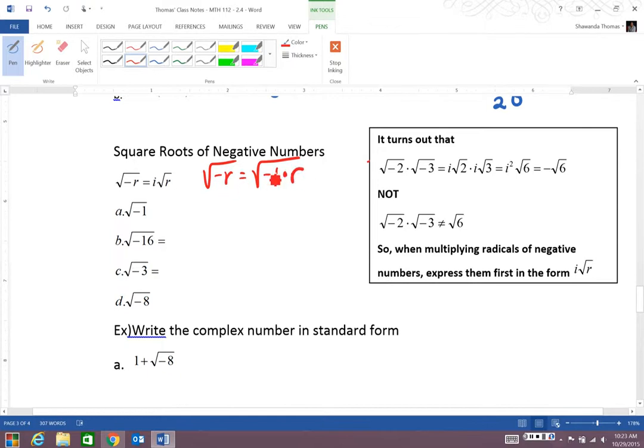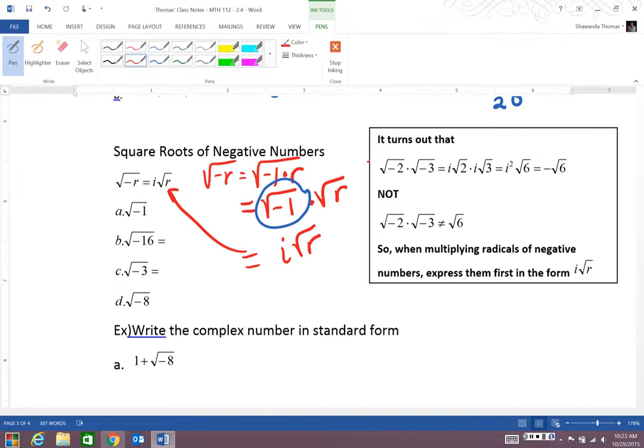Right? And since we can split this up, there's a rule that says we can split this up as the square root of -1 times the square root of r. And guess what? We should know by now that the square root of -1 is i. So i times the square root of r. So anytime we have a negative under our radical, we have to pull it out.